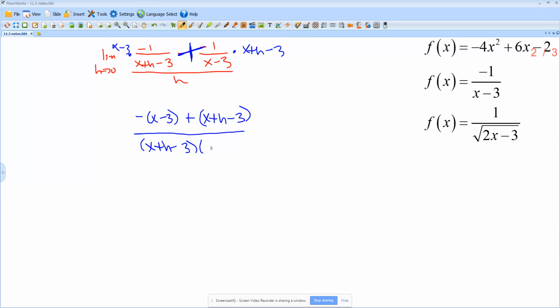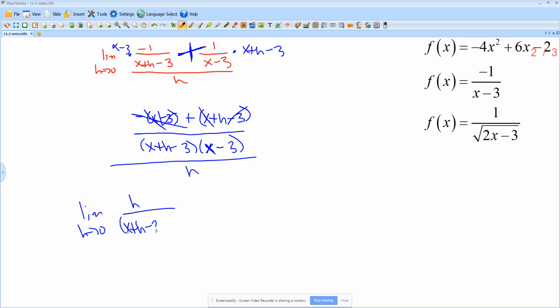All over h. So my negative x plus x would cancel. My negative 3 minus 3 would cancel. So I'm left with just the limit as h approaches 0 of h over (x plus h minus 3)(x minus 3), all over h.